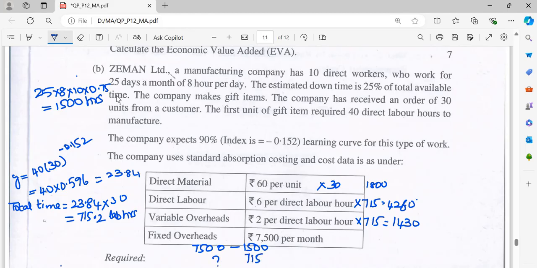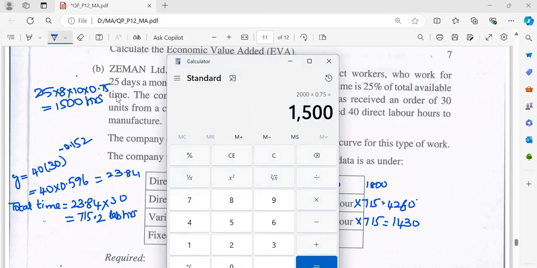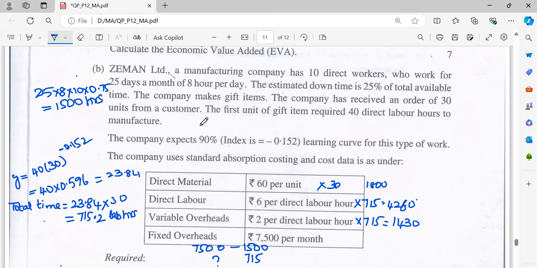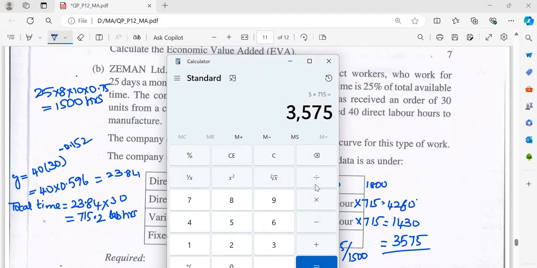So I need to calculate this. So 7500 divided by 1500 into 715. So 3575 will be my fixed overhead. So hope this is clear. So 7500 into 715 divided by 1500, that is 3575. So total cost will be 3575 plus 1430 plus 4260 plus 1800.